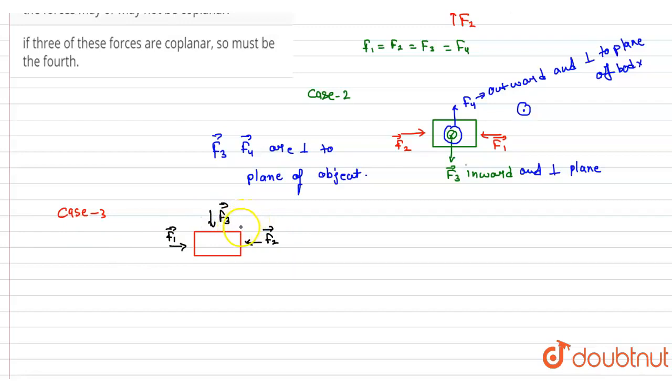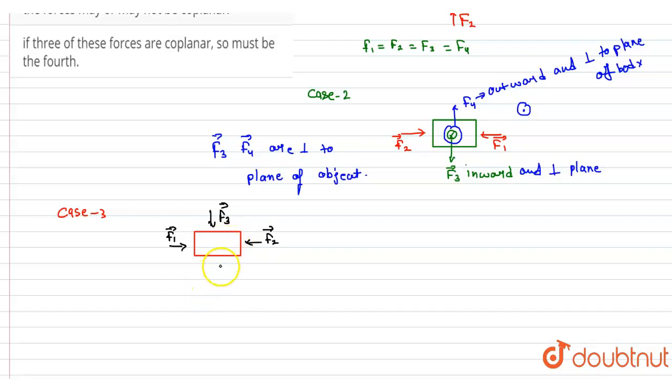Okay. So if another force F4 is acting on this body and this body has to be in equilibrium, then the fourth force which is going to act on this body must be in the same plane, because if it is perpendicular to the plane or in any other direction, then the body will not be in equilibrium. Okay.